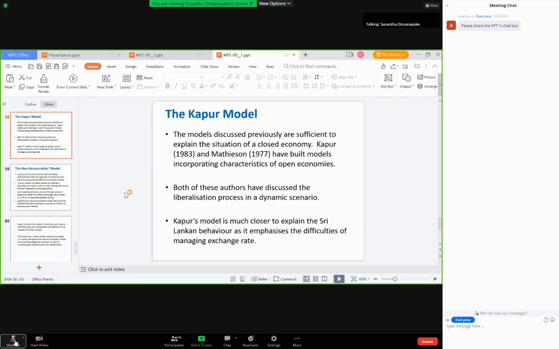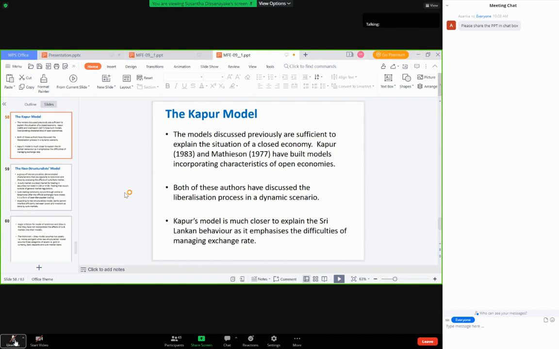In the Kapoor model, they talk especially about the open economic system. They are saying the others haven't talked about the open market situation, or open economy situation, or in other words the liberalization process. So here they have especially talked about importation.